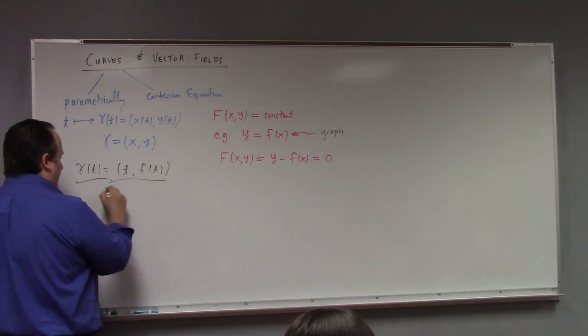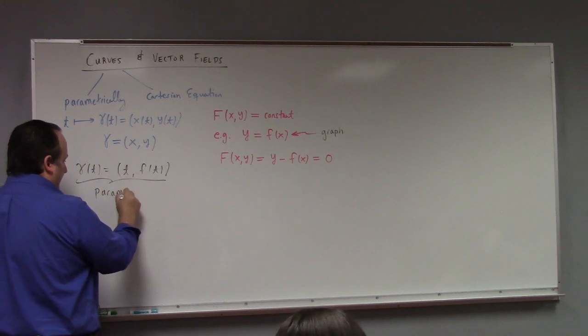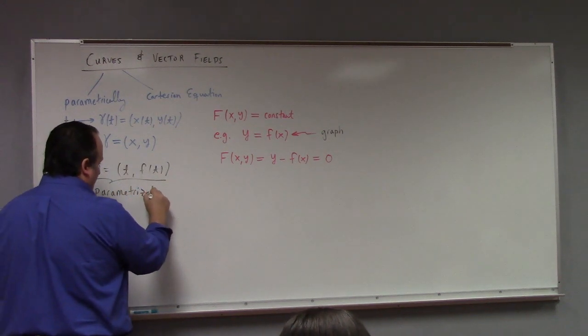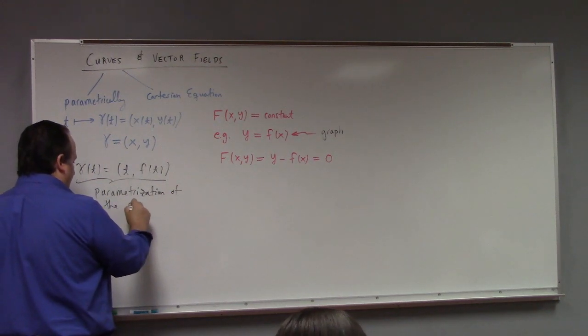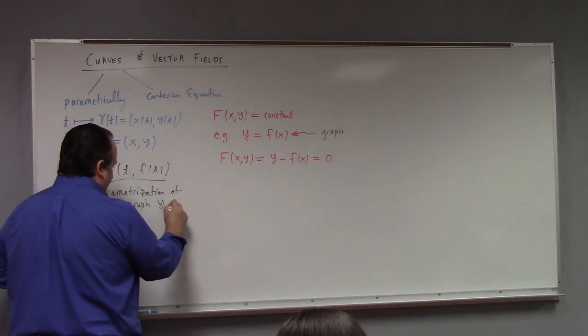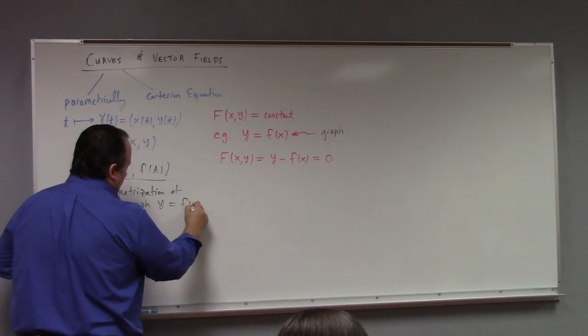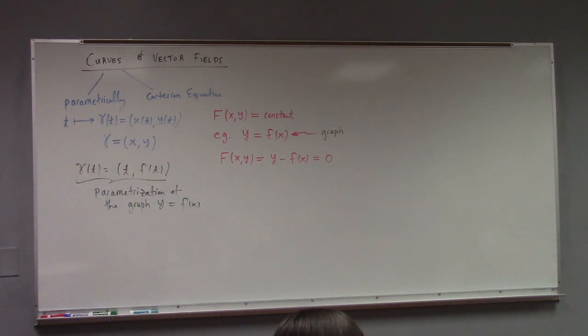This would be a parameterization of the graph, where I'm using the parameter t, right? This should all be old news to you. You've had Calc 3, yeah? All right, just wanted to refresh your memory on the difference between parametric and Cartesian equations.